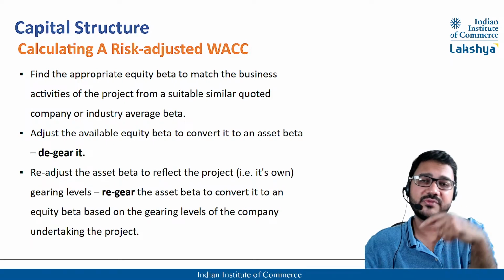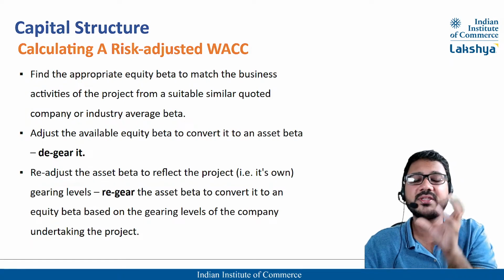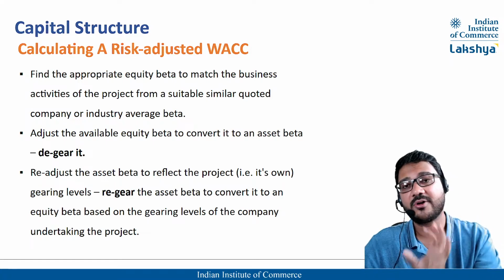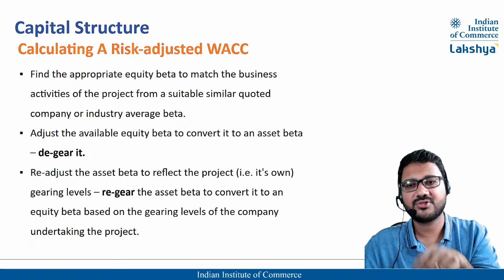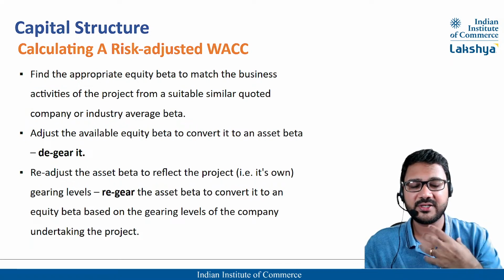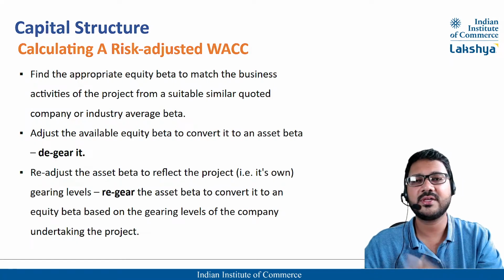So asset beta of the proxy equity beta is now available, which reflects purely the business risk. And then you put in your gearing, your financial risk. Okay. So it's called re-gearing it. Re-gear it with your own debt to equity structure, and you will arrive at the new beta, which is relevant to your company or to that project.